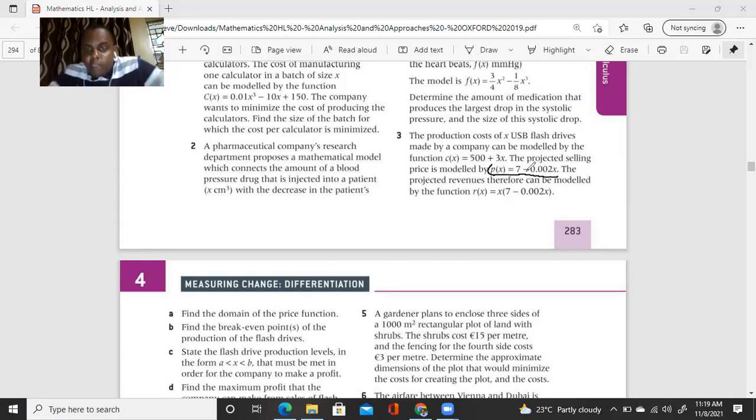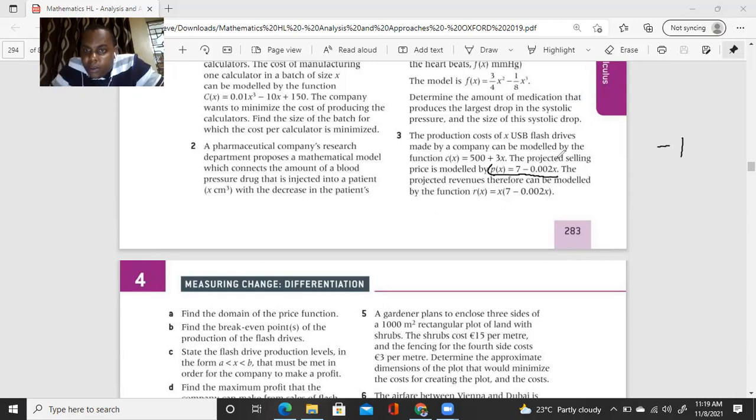And what is the domain of that? Simple. 7 minus 0.002x. Wouldn't it be all real numbers? Can't be. Because when you're talking of all real numbers, -1 is a real number, right? Yeah.